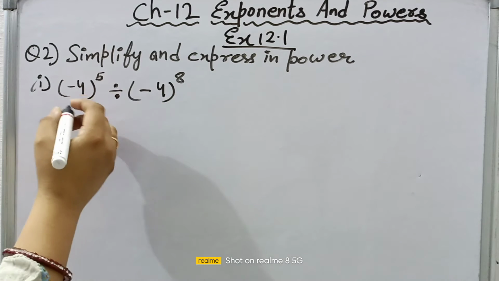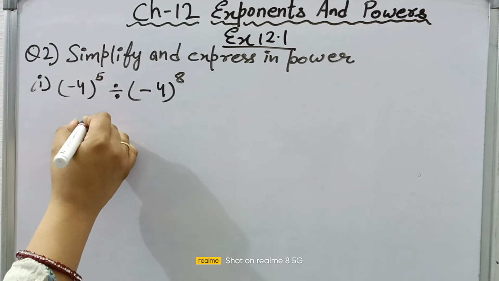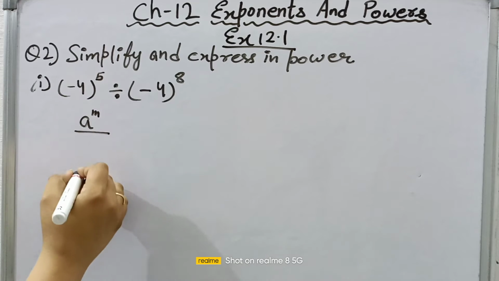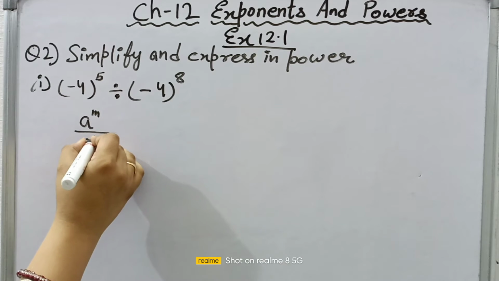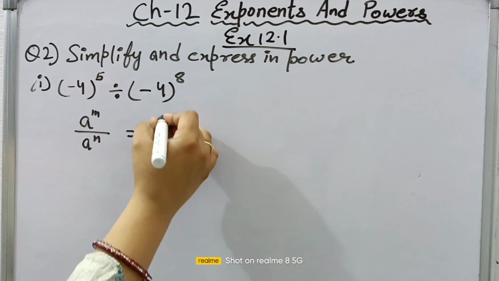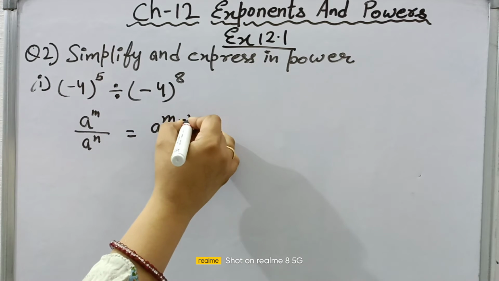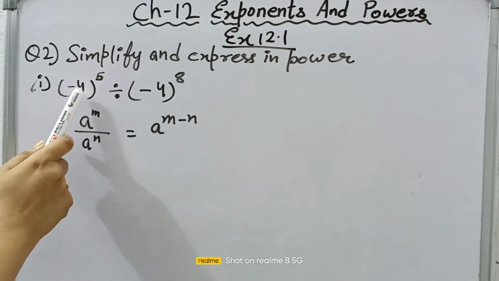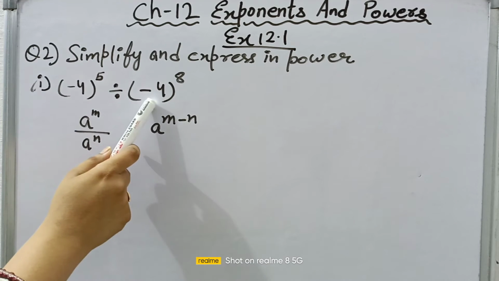Now we had studied one law which says if a to the power m upon a to the power n is given, then you can write it as a to the power m minus n. Right? And we can see in our question, base of both the terms are same, minus 4 and minus 4.